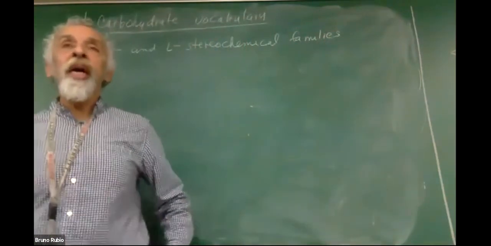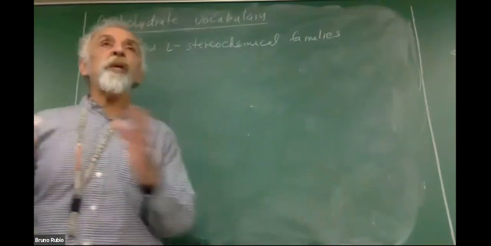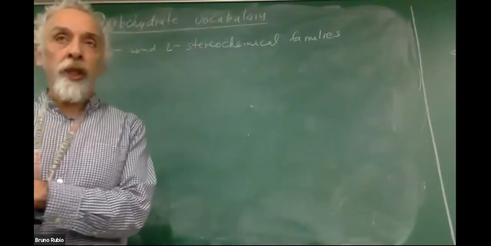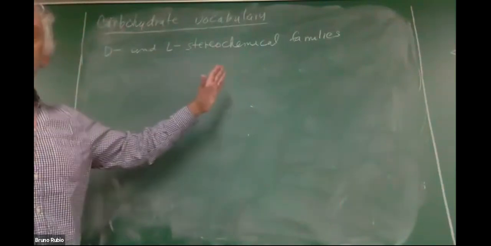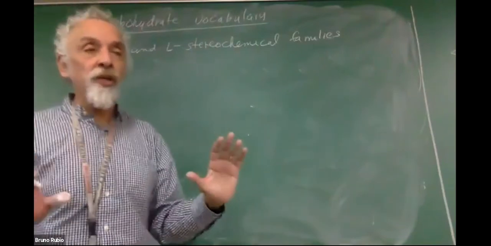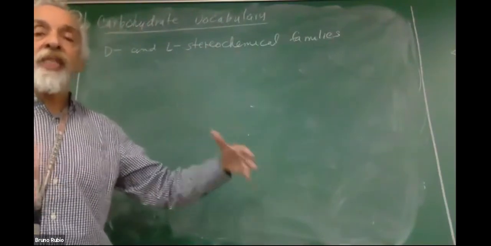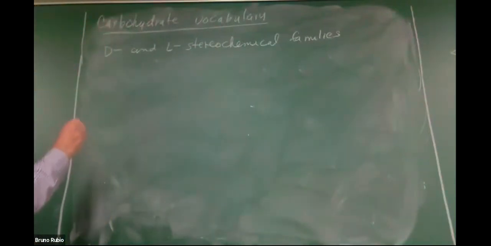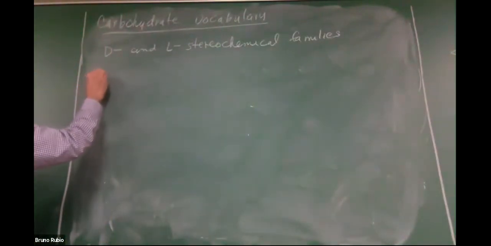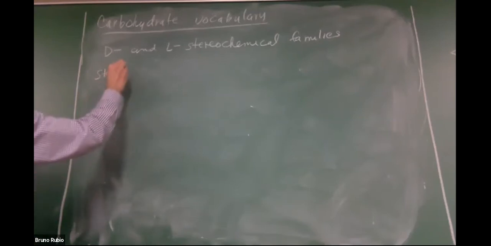Some sugars are D sugars, some sugars are L sugars. Okay, and how we distinguish them is kind of complicated, and this is also going to call back to mind all of that R and S stuff that we talked about earlier. Okay, so here would be the steps to determine whether it's a D sugar or an L sugar.